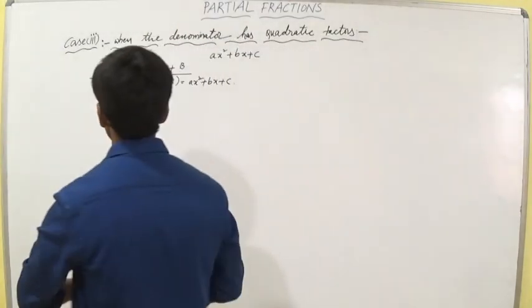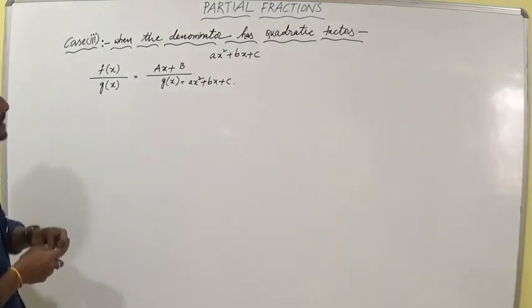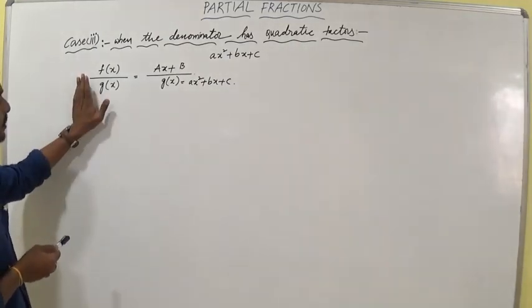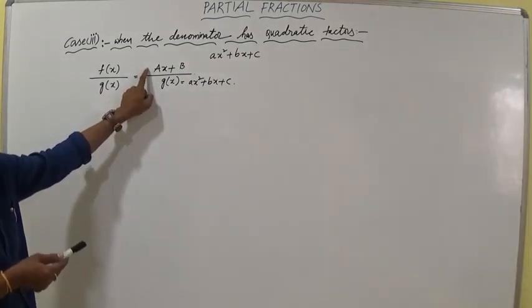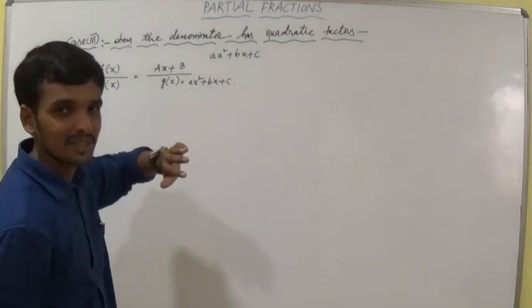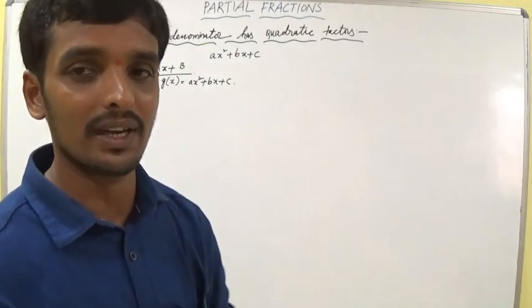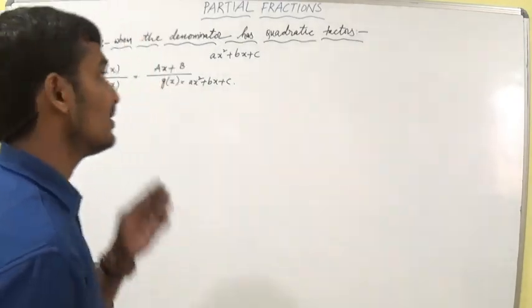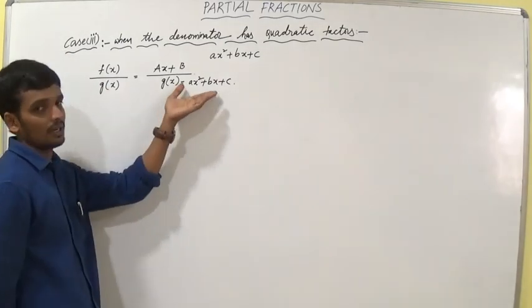First observe this: f of x by g of x, where g of x is a quadratic factor. If you want to write the partial fractions for a quadratic denominator, we use a linear form, not a by something, b by something. Why? Because the denominator is a quadratic factor. That's why we are using ax plus b by g of x.